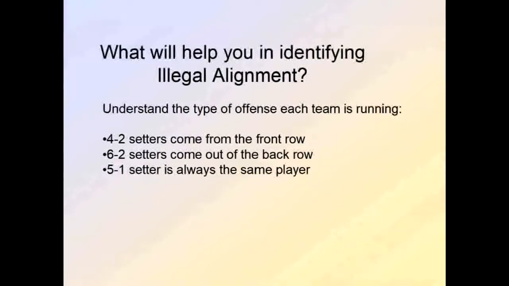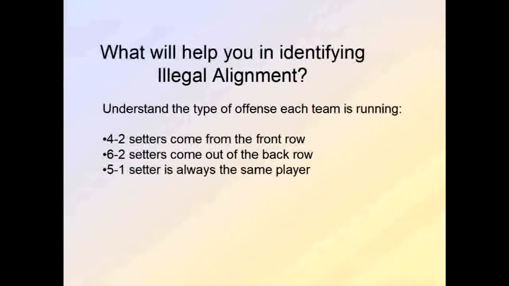If you understand the type of offense each team is running, this will help you in identifying illegal alignments. Again, make sure you know if they're running a 4-2 and where the setters are coming from. Identify if it's a 6-2, if the setters are coming out of the back row. Identify if it's a 5-1.